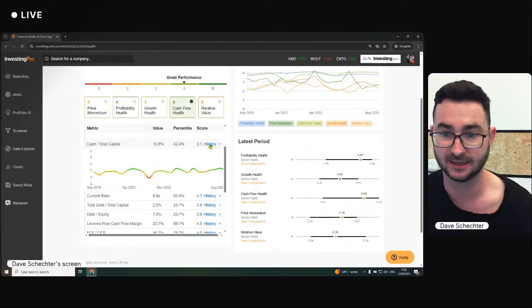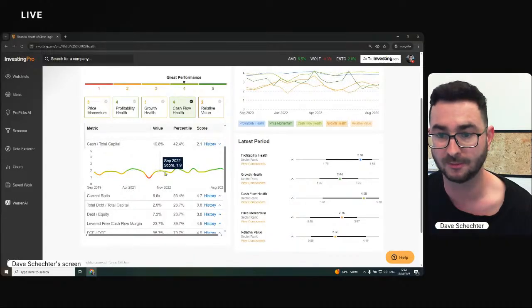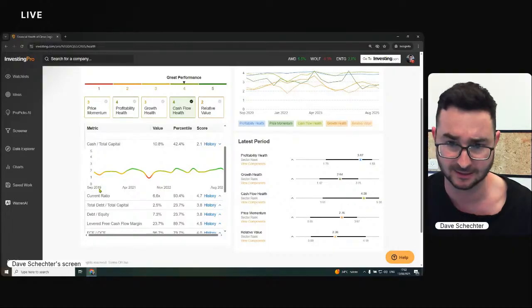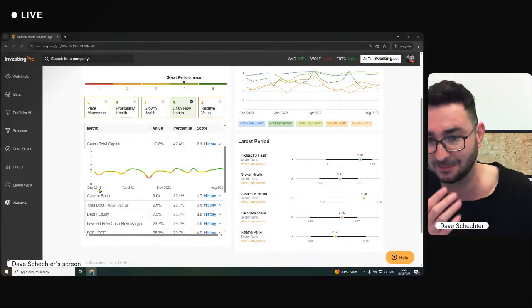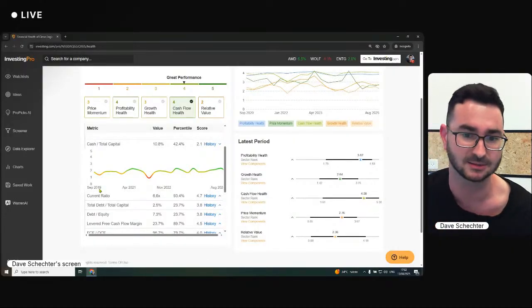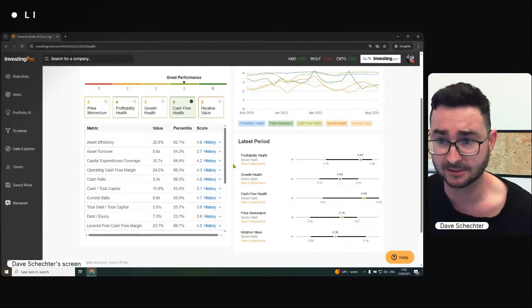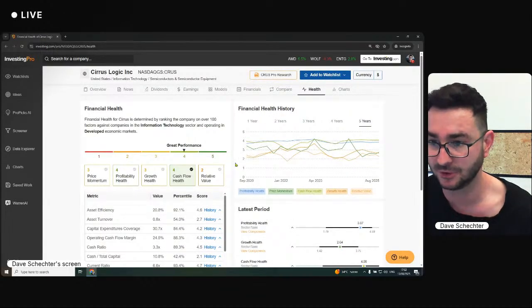If I click on the history chart, I can see how this metric has performed over time, according to as much data as we can possibly give. In this case, it starts in September 2019. So again, lots of transparency here for you, the investor.